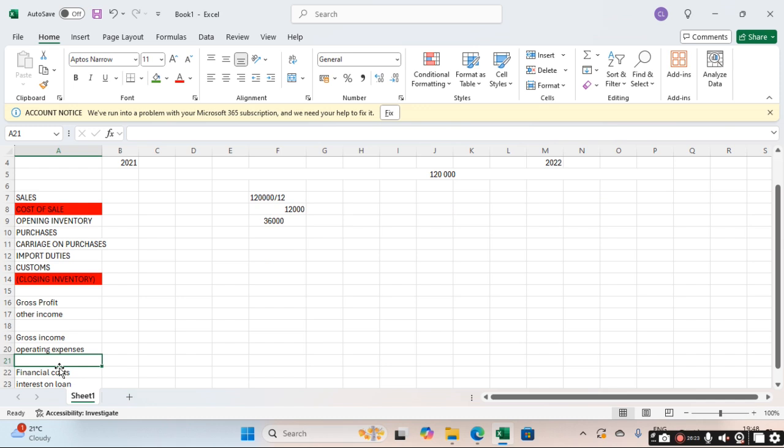Why? Because this 36,000 does not belong in our financial period. And then the answer you get there, that's what you're going to write on your total column. So that's how you deal with that transaction.